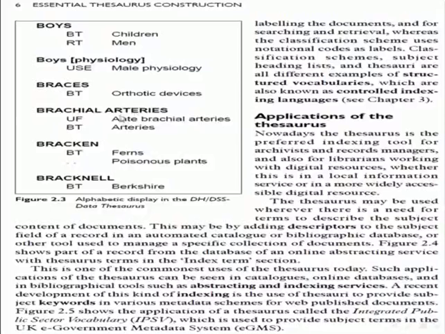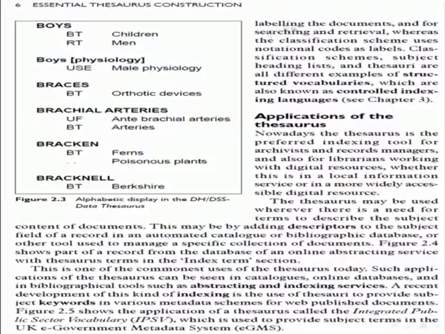Brachial arteries, anti-brachial arteries, and here arteries. Bracken, ferns and poisonous plants. Bracknell, Berkshire, and so on. Alphabetic display in the DH or DSS data thesaurus.